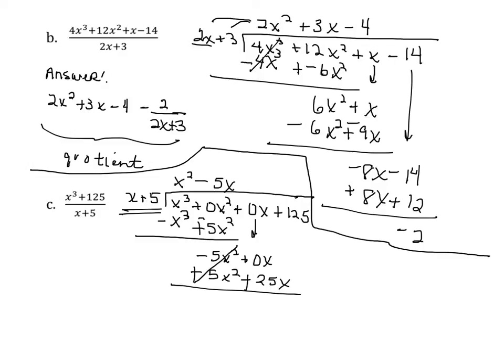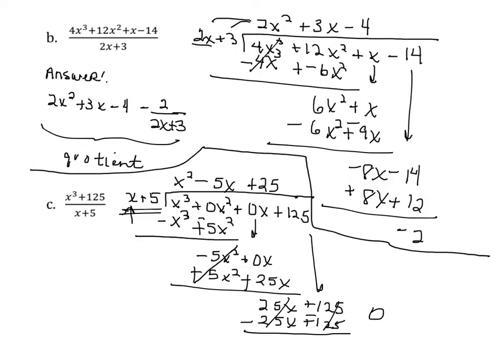That 5x squared will add out, so I get 25x plus 125. So now work off that x, you guys. x times what gives me 25x plus 125? 25 times x is 25x. 5 times 25 is 125. Change your signs. Everything adds out. I get a remainder of 0.